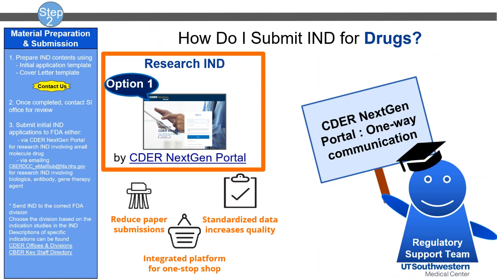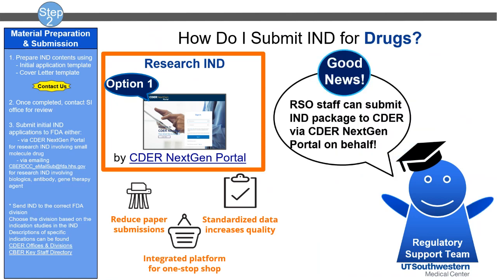The portal submission currently serves for one-way communication only, since no responses are received here and they arrive by email. The good news is RSO staff can submit your IND package to CDER through this portal on your behalf. But at any time, the investigator team is also welcome to create their own account for these submissions.